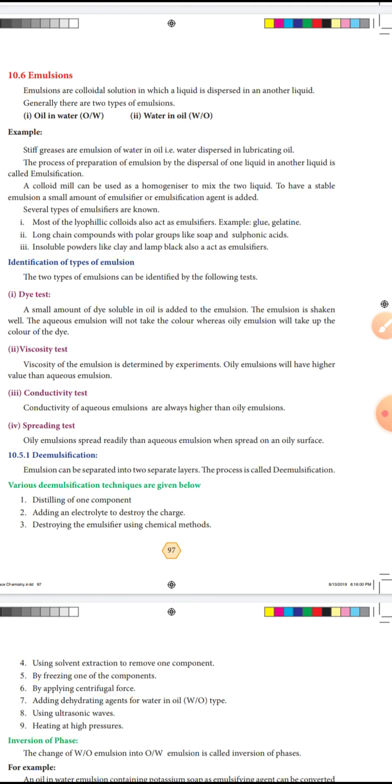For example, an oil in water emulsion containing potassium soap as emulsifying agent can be converted into water in oil emulsion by adding calcium chloride or aluminum chloride. The mechanism of inversion is in recent development research. Here the oil in water is changed into water in oil.